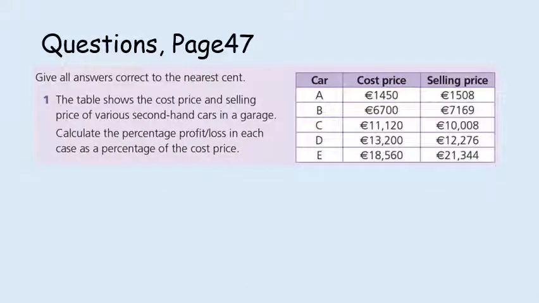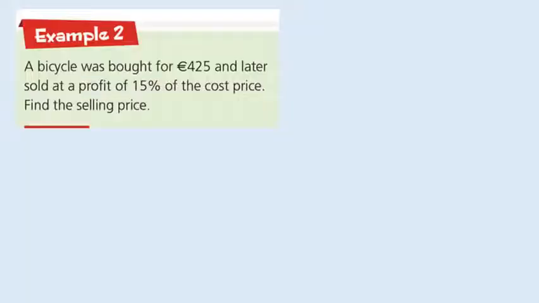Okay. Now it's your turn to have a go at some questions. Here's question 1. You'll find it on page 47. We're going to have a look at some other questions involving profit or loss. In this question, a bicycle was bought for €425 and later sold at a profit of 15% of the cost price. Find the selling price. So this is a percentage increase question. You start off with your cost, a percentage was added, and then you got the selling price.